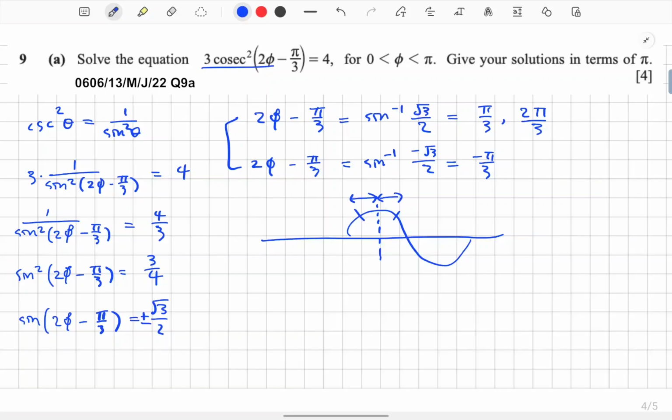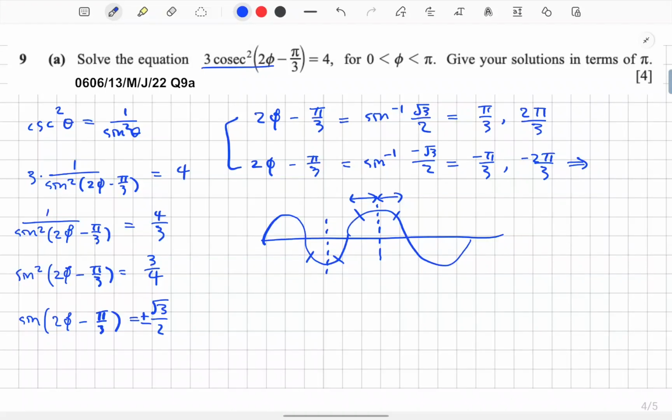And for the negative pi over 3, we can extend our curve. Negative pi over 3 is roughly here, so we can know that the other value is here. And the same, it is symmetrical. It is negative 2 pi over 3.